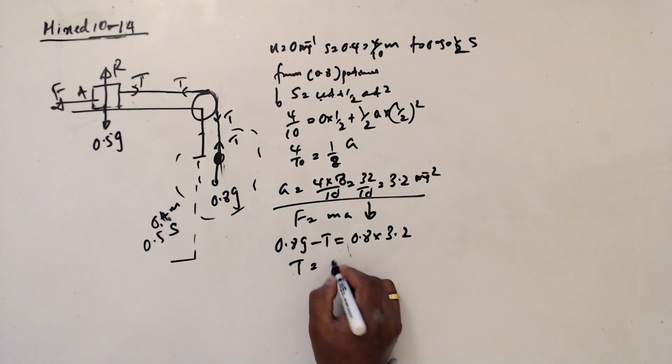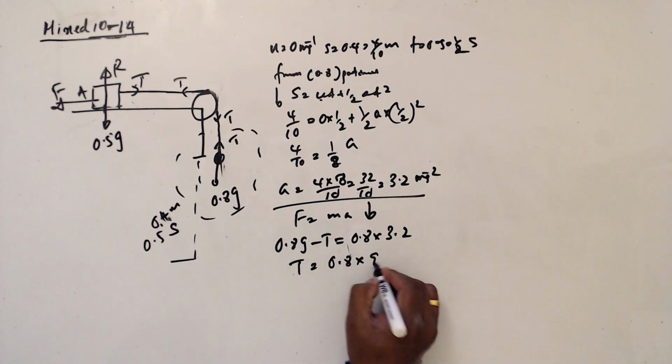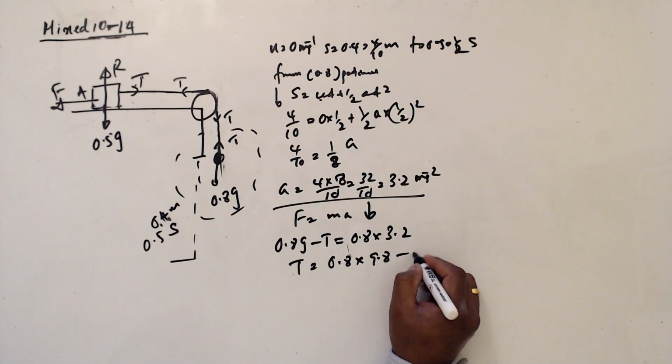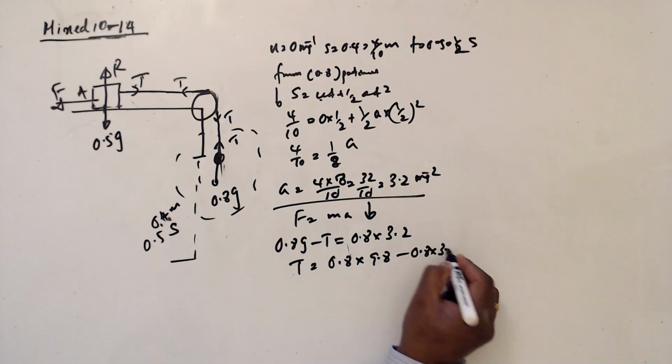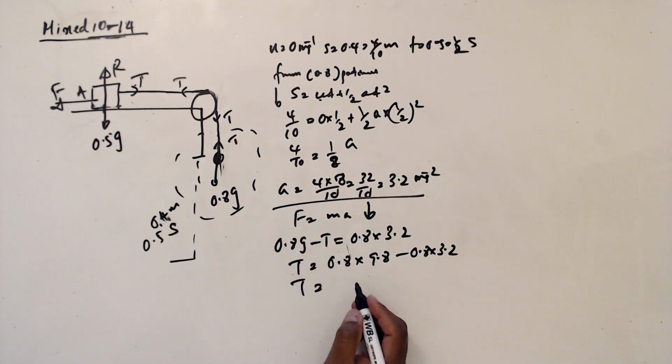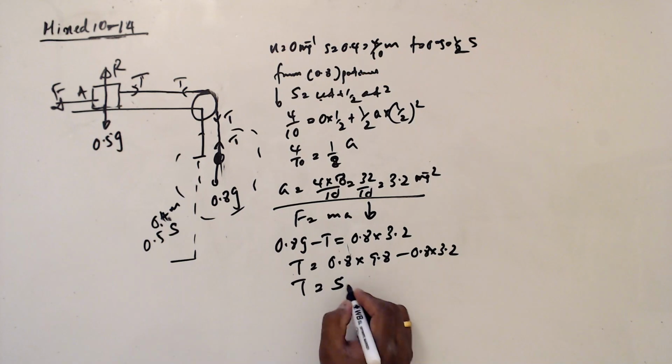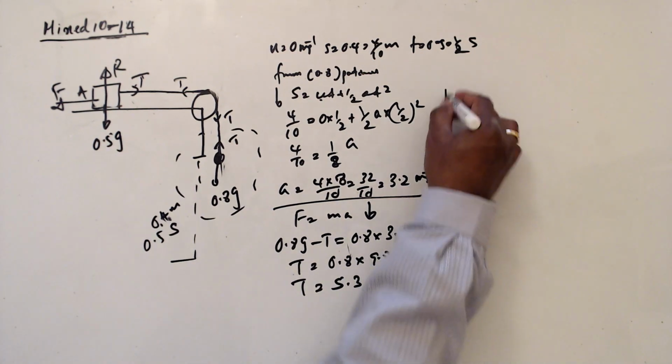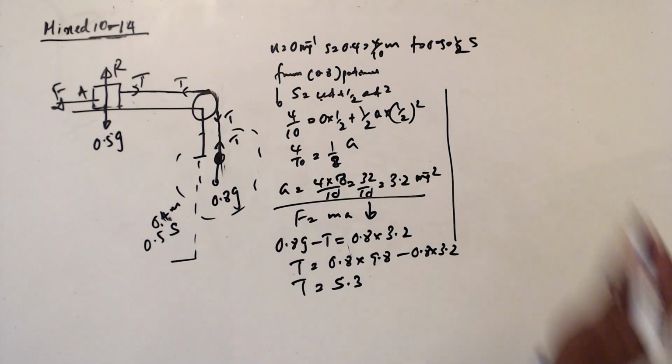So T equals 0.8 times 9.8 minus 0.8 times 3.2. So T we will get 5.3.